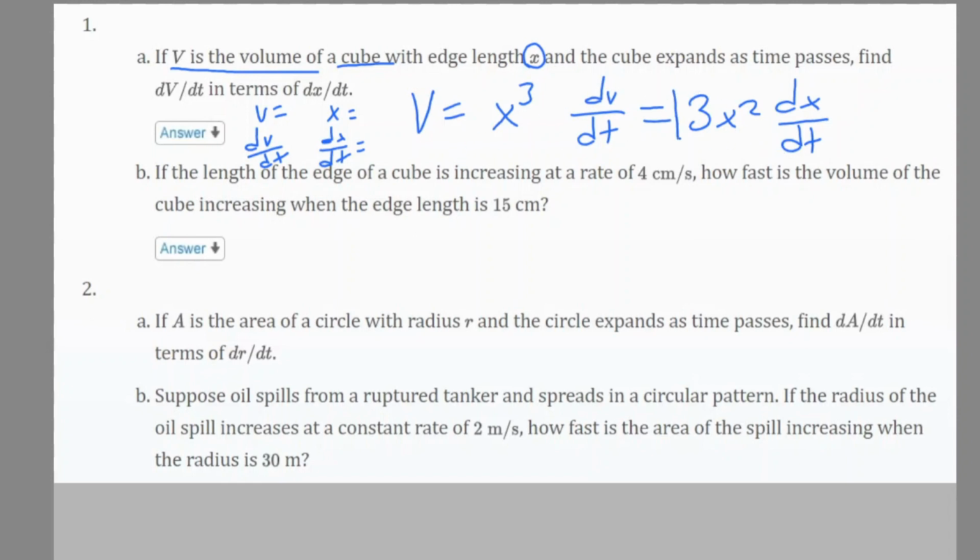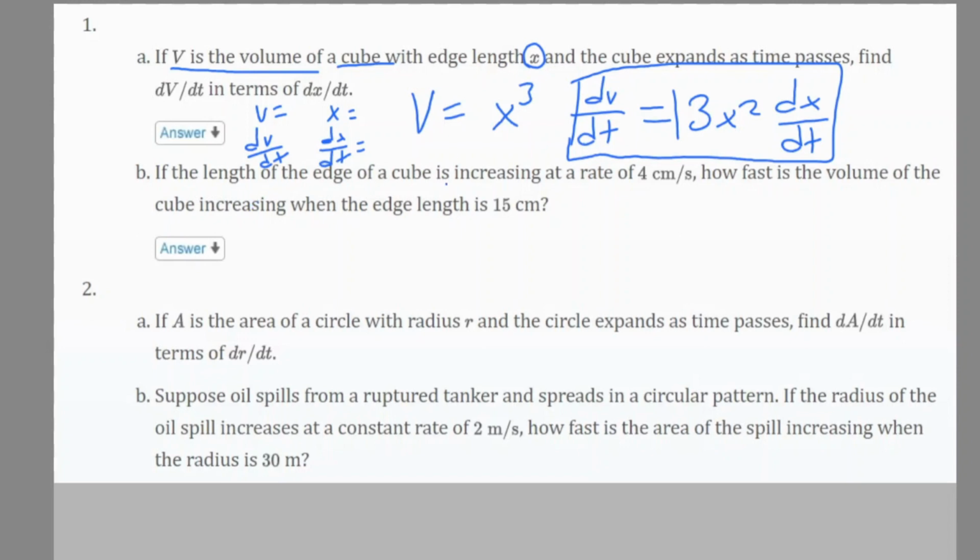This would actually be your final answer for A. Basically this means that if we're given how fast the cube length expands, we're able to plug that in and figure out how fast the volume is going to expand in relation. And that is exactly what we're going to do in B.